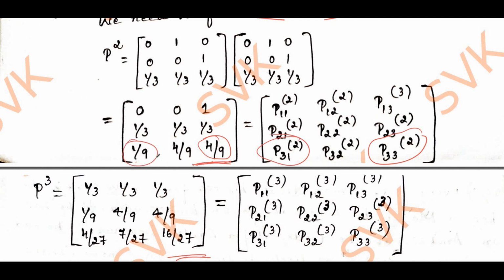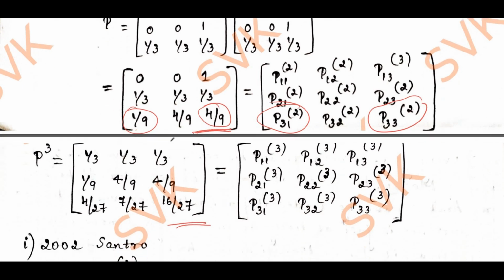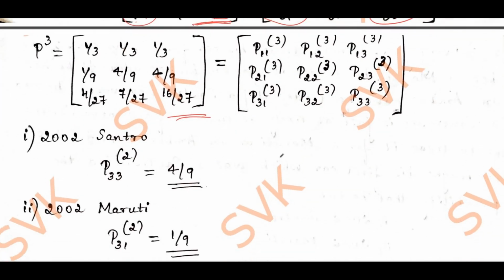Another way of solving this, if you are not able to fetch this value, is finding P upon 2 equal to P initial vector into P square. As he is having a Santro car in the first year, the initial vector can be considered as 0, 0, 1.